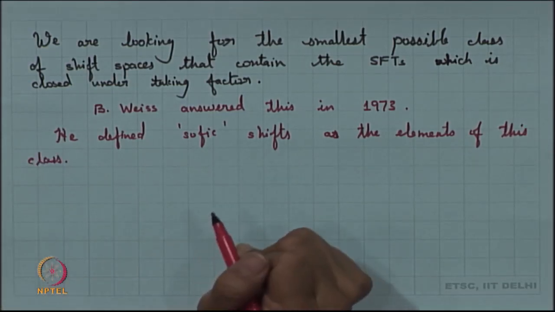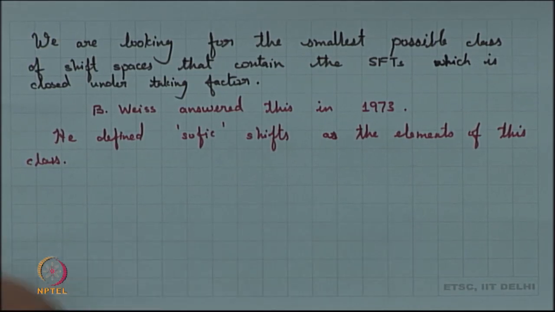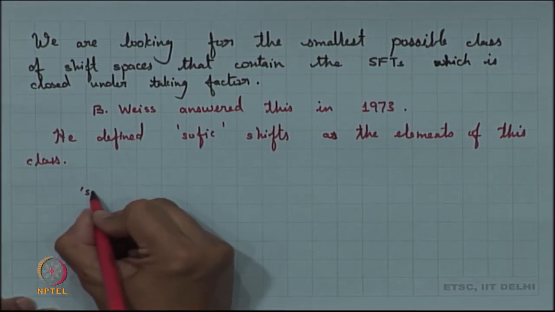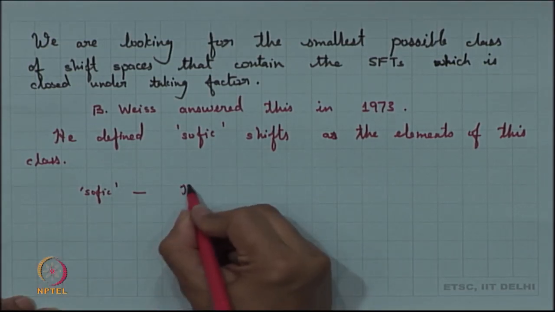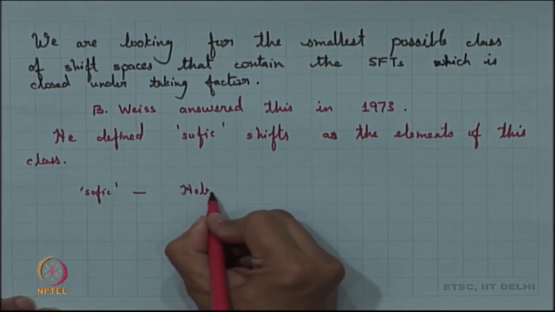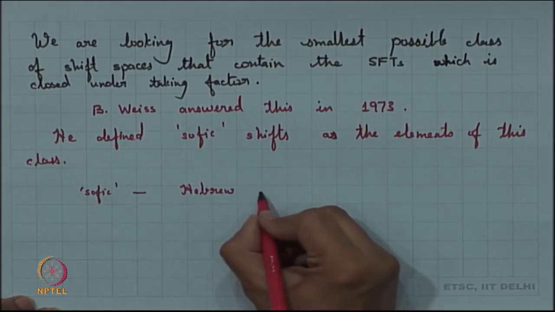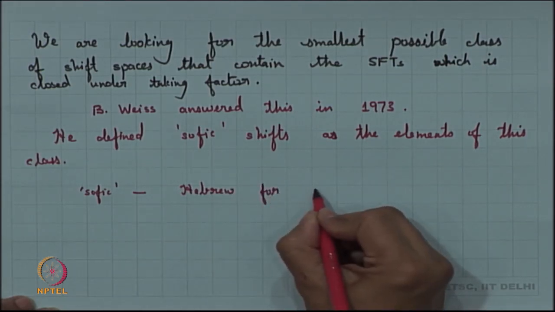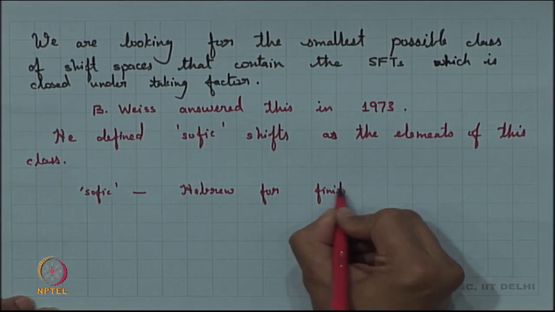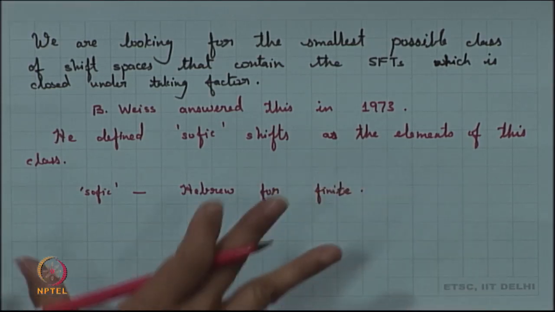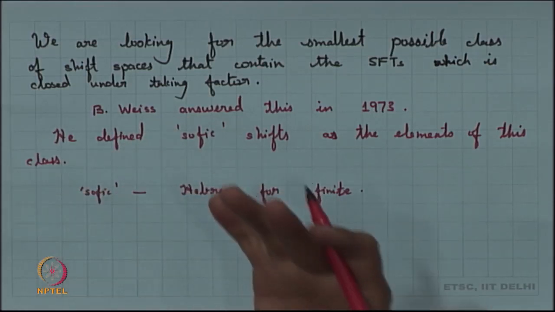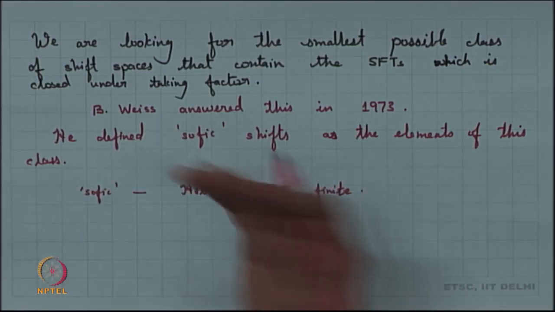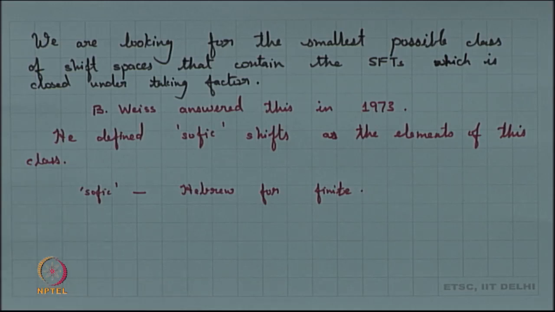Now, I just want to say something about the word Sofic here. This word Sofic is basically a Hebrew word, and this Hebrew word is for the word finite. So, there is some kind of a finite representation over here, and that feature of finiteness is captured in this part, and that is why he called it Sofic shifts.